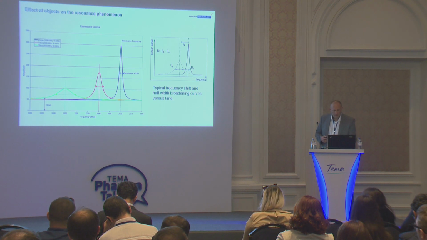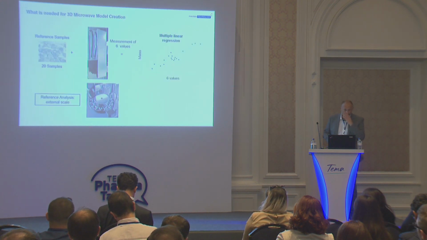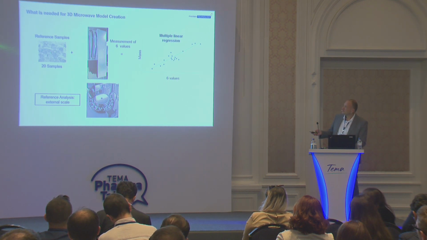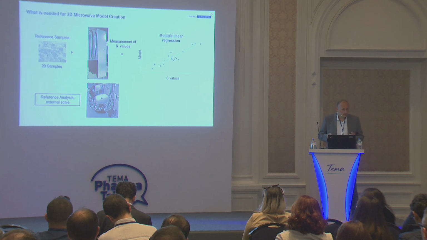And now it's also very easy to understand how the calibration of the microwave model creation works. We just take 20 samples. We provide these 20 samples through the microwave. We measure from these 20 tablets 6 values per tablet.